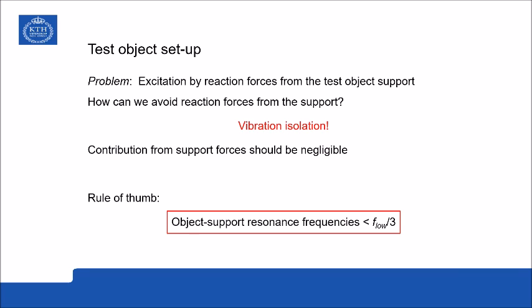So if I want to measure the frequency response function above 100 Hertz, for instance, then the resonance frequencies obtained when I place the object on the support must be lower than, say, 30 Hertz. So that gives us then an idea on how weak the support must be.